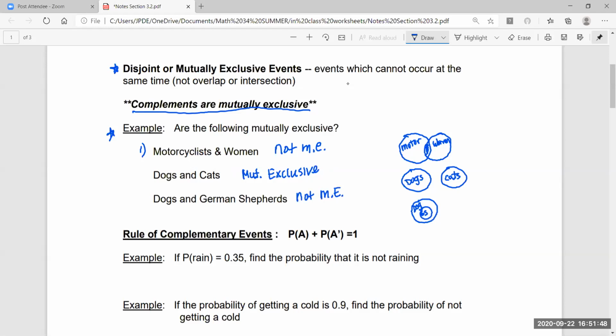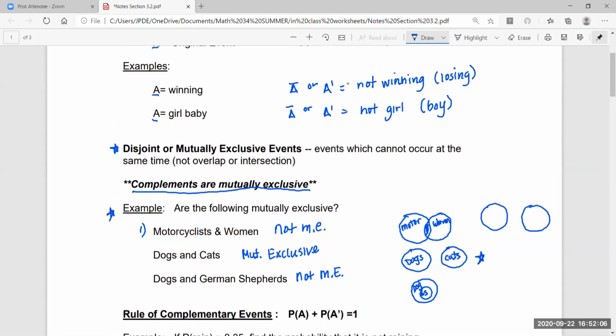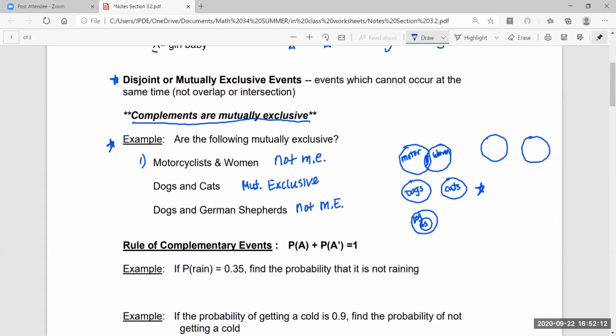So when we're talking about disjoint events or mutually exclusive events, you have that situation where one set or one group and the other group do not overlap at all. And you can see when you look at this that our complements that we talked about up here, like winning and losing, girl baby, boy baby, are mutually exclusive. They do not overlap.